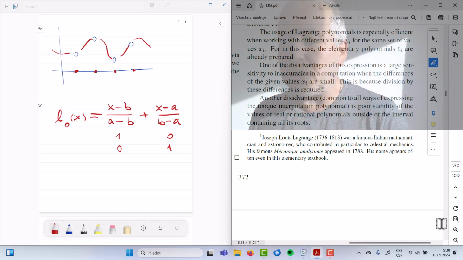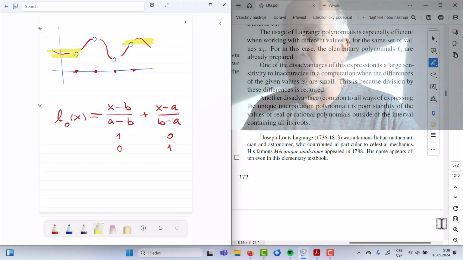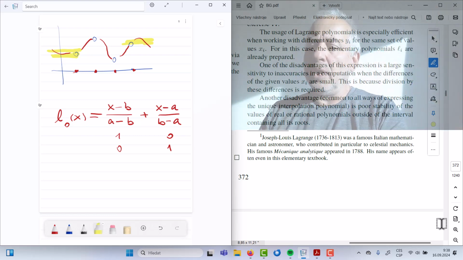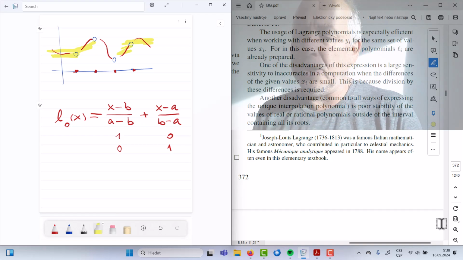The problem is that polynomial interpolation, as we shall see, and I will come to some example, is very unstable and bad at approximating the original function at the end of the interval. So horrible outside and quite bad close to the end, right?